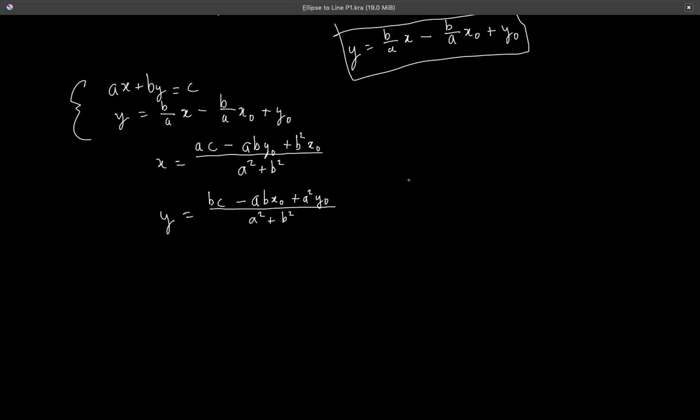Alright, so right away we notice that the expressions for x and y are very, very similar. There's obviously some degree of symmetry going on here, and hopefully we can exploit that when we find an expression for PS, the distance PS.